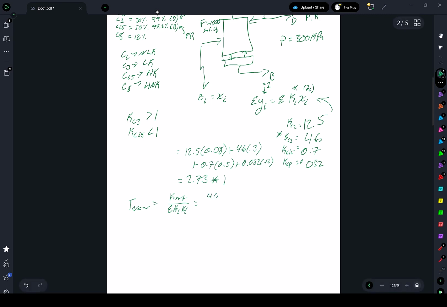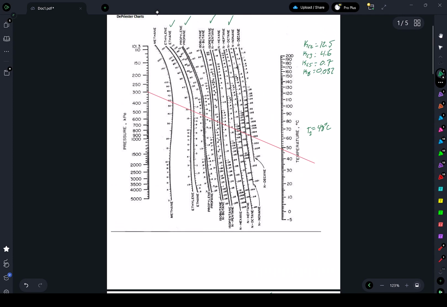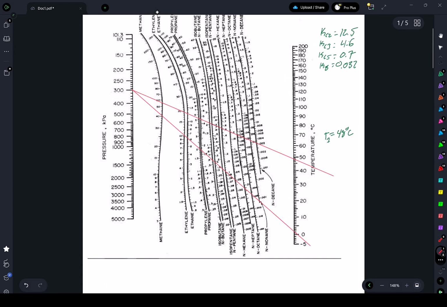So it's going to be 4.6 divided by 2.73, which gives you 1.68. So we can say about 1.7 degrees C is our new guess. So let's go up and create a new line. From 0.3 to about 1.7, it's about there.